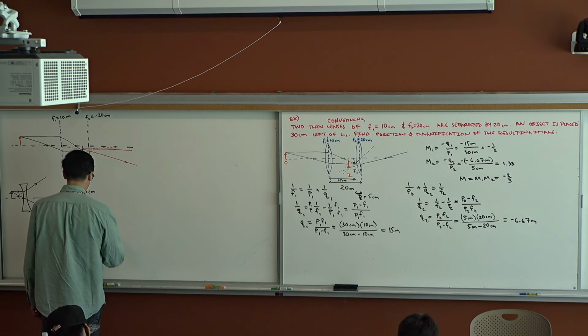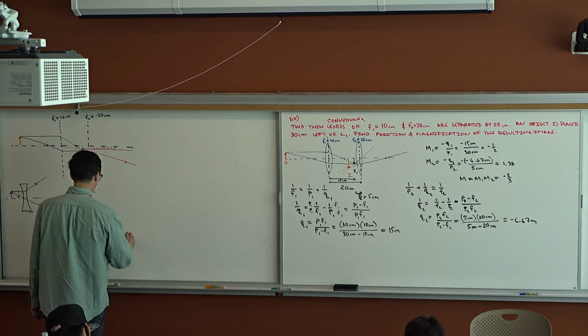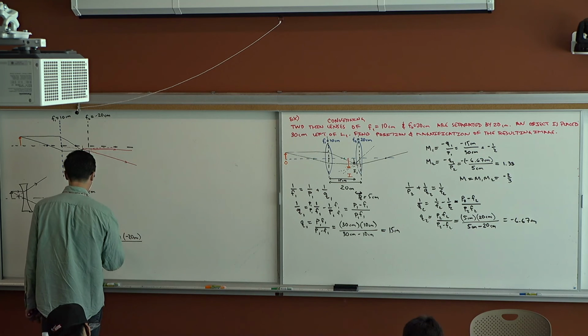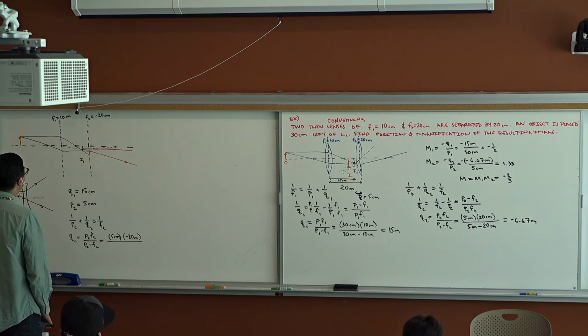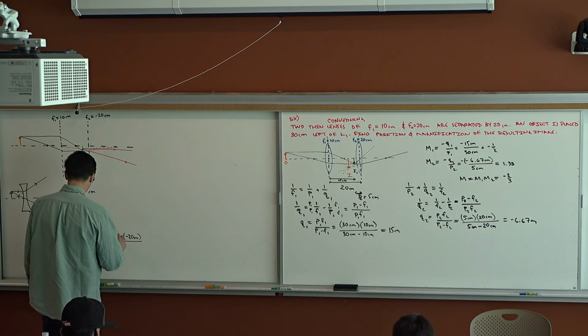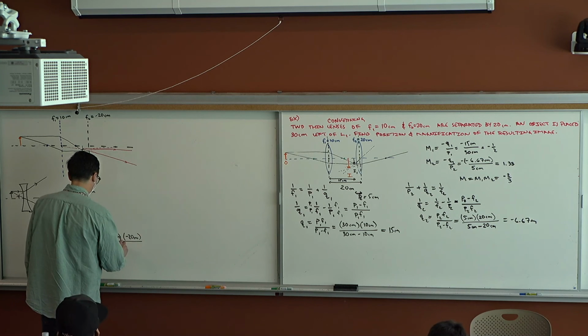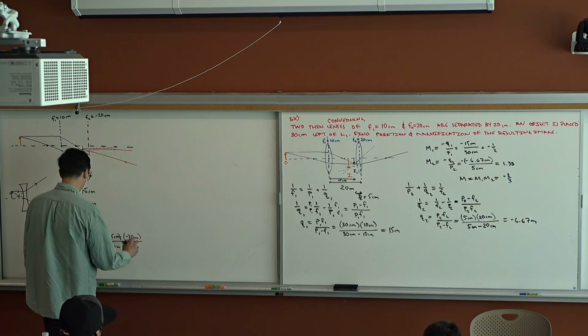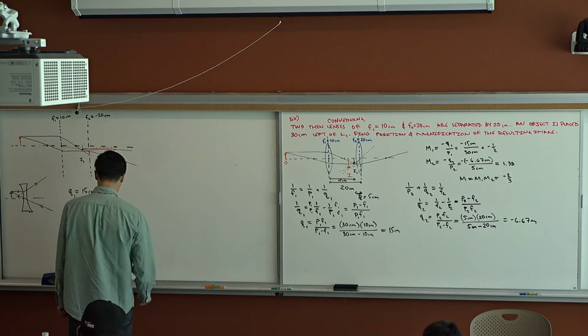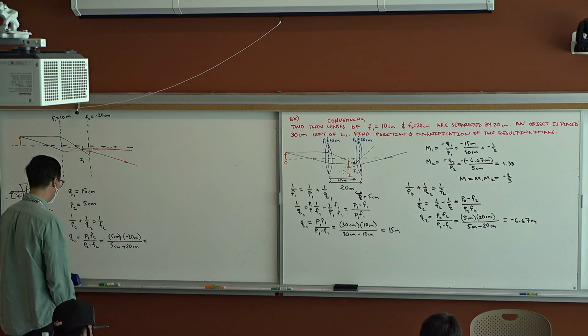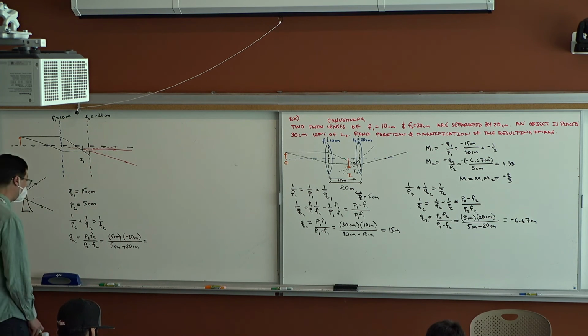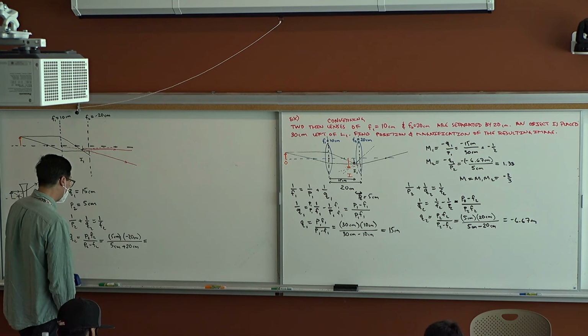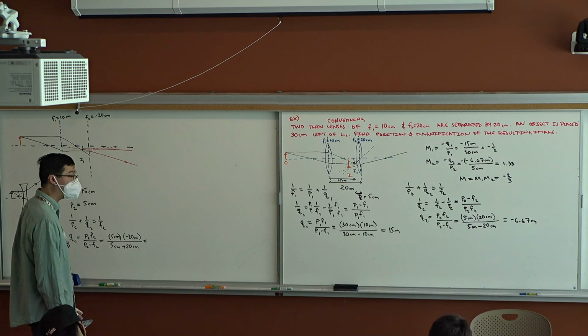So 5 centimeters times minus 20 centimeters, times 5 centimeters plus 20 centimeters. So minus 100 over 25 is minus 4. Yep.